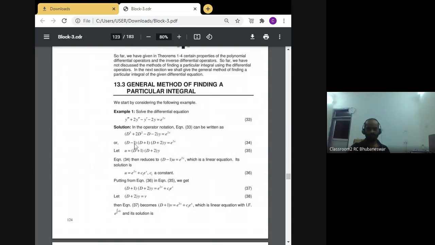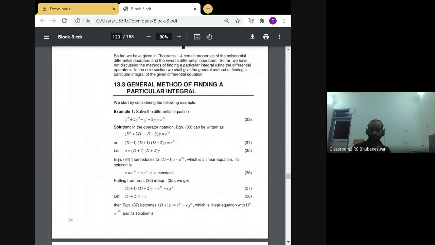So here D minus 1 into u has been written, and that is equal to e to the power 2x. Now we get the solution by integrating both sides with respect to x, and that is the solution for u.